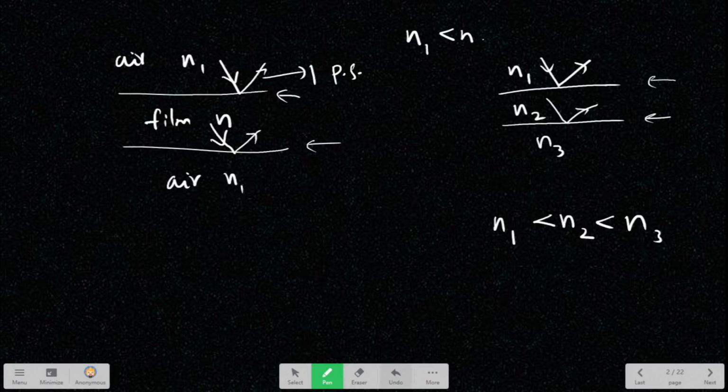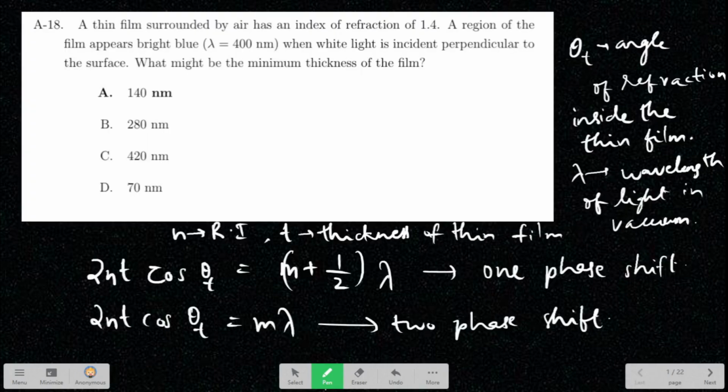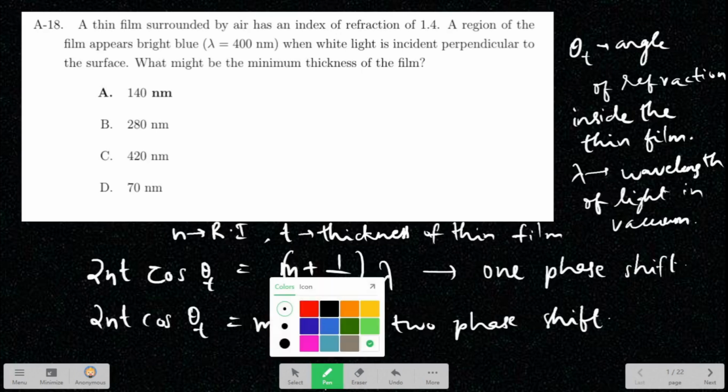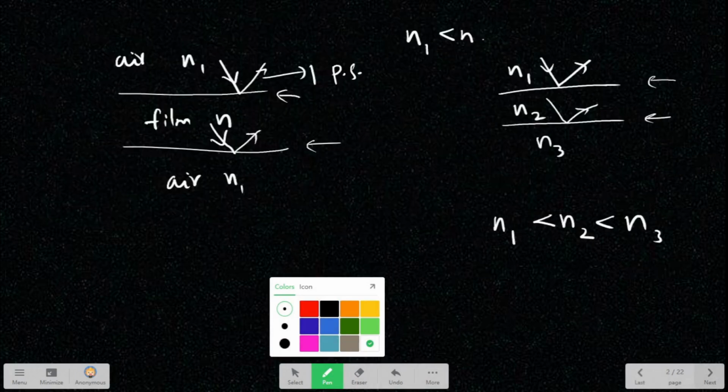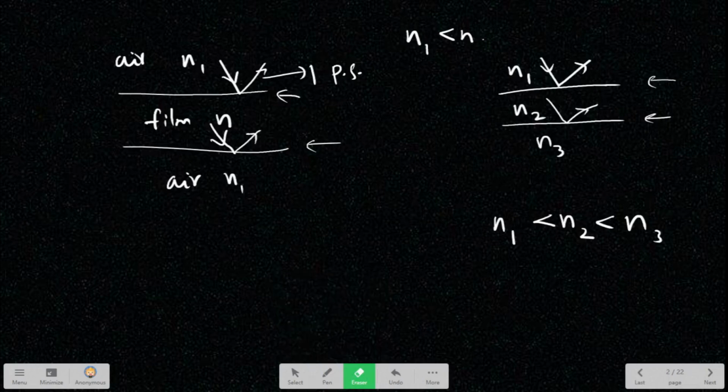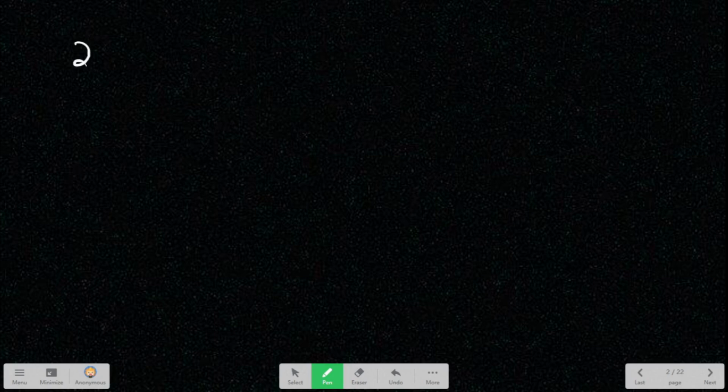So in this problem, since we are told that the thin film is surrounded by air on both sides, only one phase shift occurs, so we will use this condition: 2nt cos theta t is equal to (m plus 1/2) lambda.